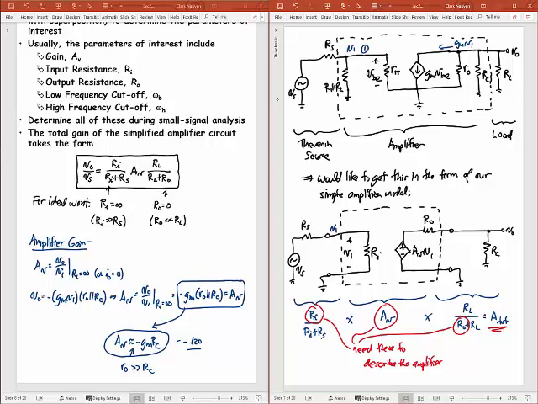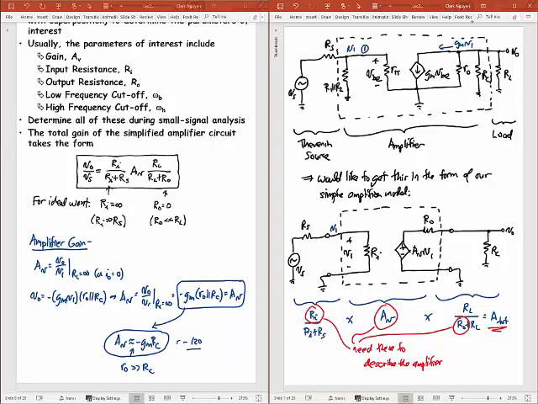So if I'm taking current, I'm shoving it up a resistor from ground. What that's going to do is create a negative voltage out there. That's why I've got this minus sign here. So this becomes minus that current GM times V1 times the total resistance I see to ground from that output node, which is the parallel combination of R0 and RC. And this then gives me the total gain.